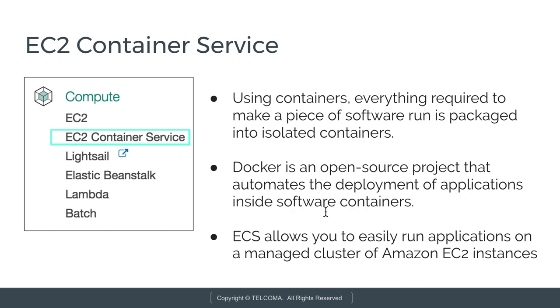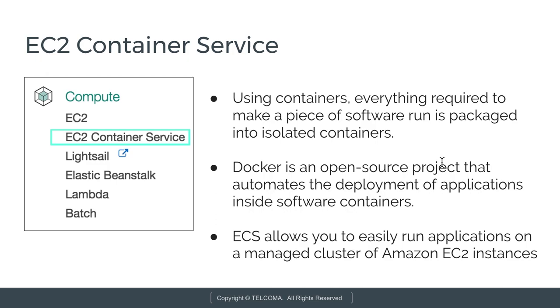With the help of these containers, we can make a piece of software run in isolated containers. Now, what is Docker? Docker is basically an open source project that automates the deployment of applications inside containers.